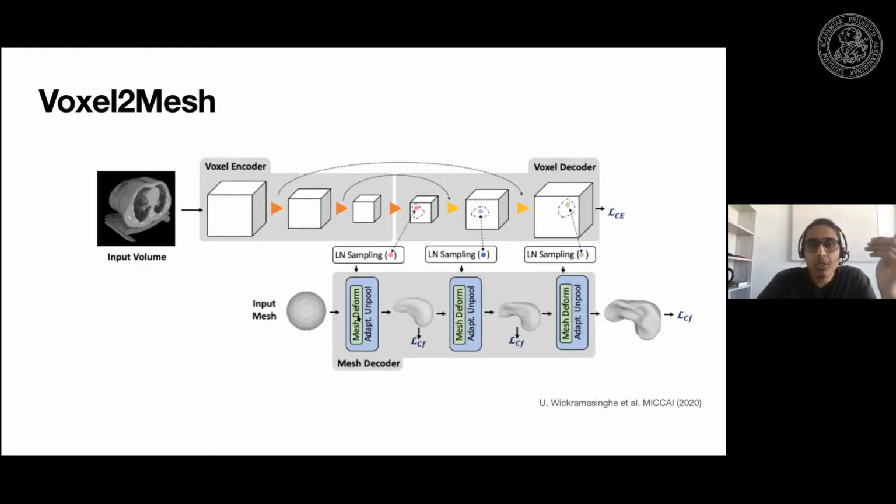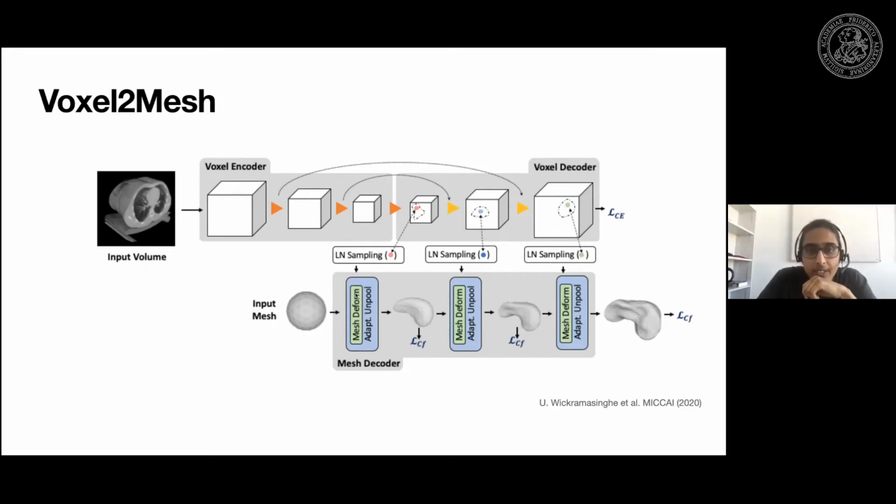The graph convolution layers take a spherical mesh as input. They extract features from the voxel features and deform this mesh gradually, step by step, such that it fits the target.